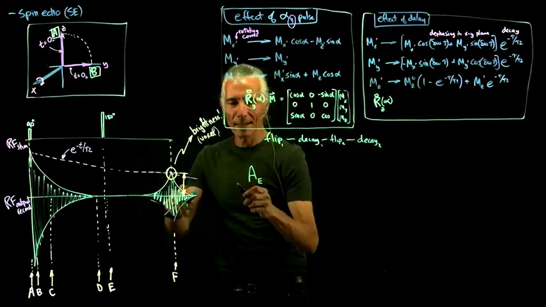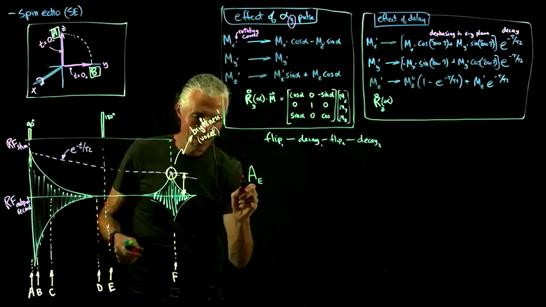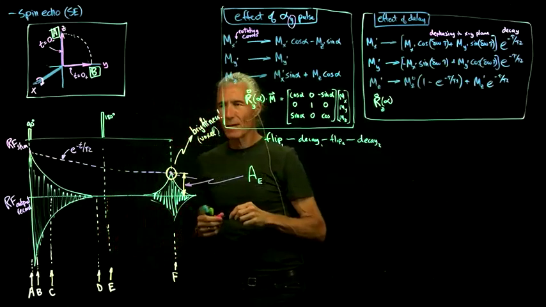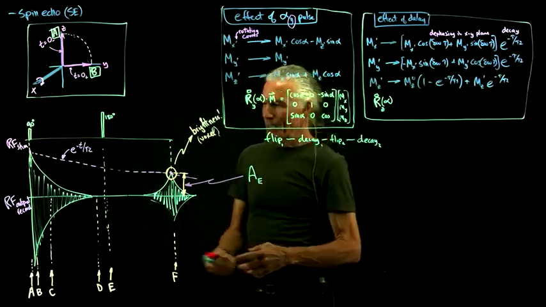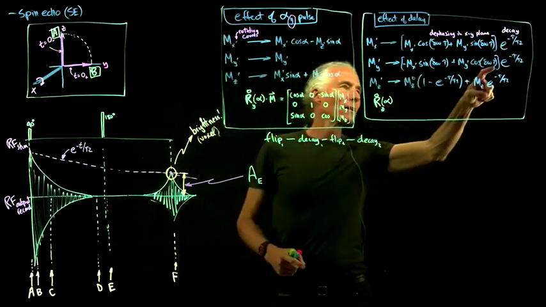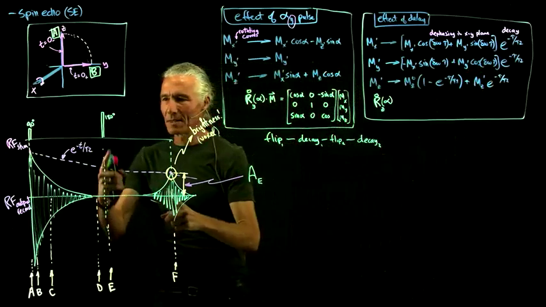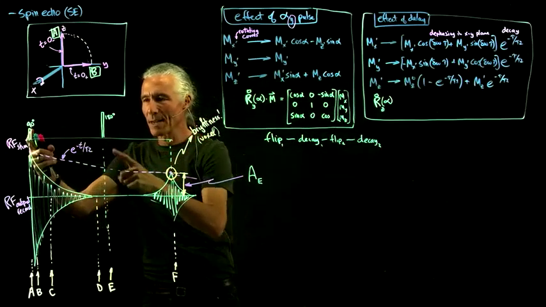Amplitude of the echo is just this thing right here. The amplitude of the center of the echo, that's what we're trying to calculate, which is why the tau is in there, because tau is the amount of time between the 90 and the 180.